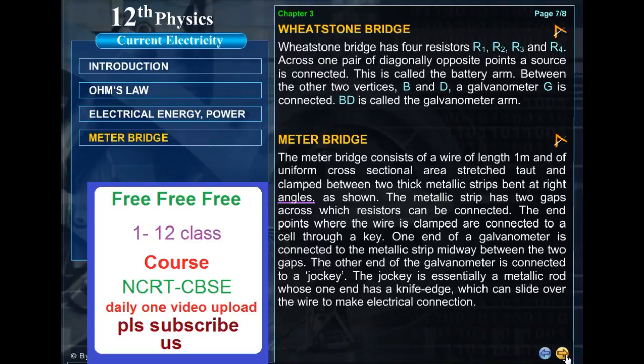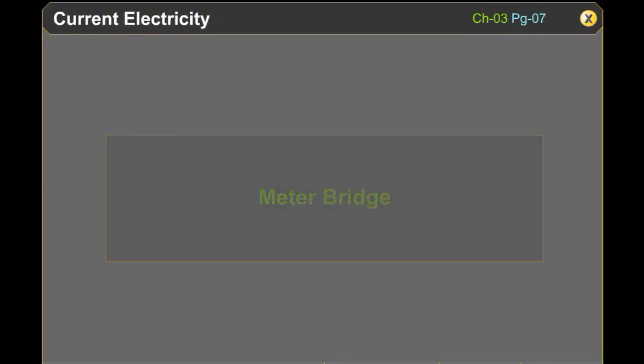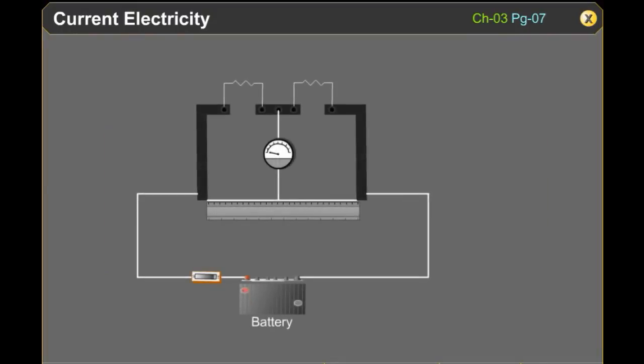Meter bridge. We use the meter bridge to determine an unknown resistance R. The unknown resistance is connected across one of the gaps, and across the other gap we connect the standard known resistance S. The jockey is connected to some point D on the wire, a distance l centimeters from the end.